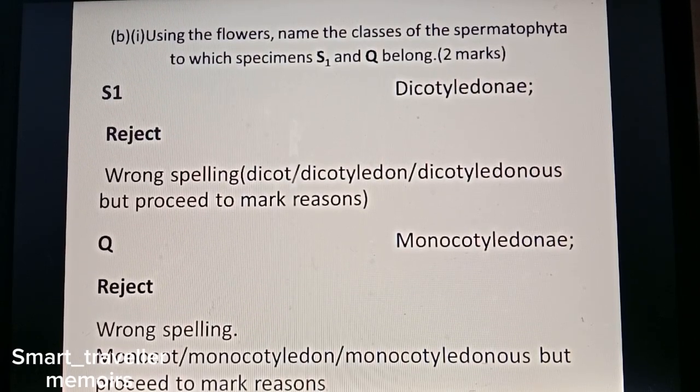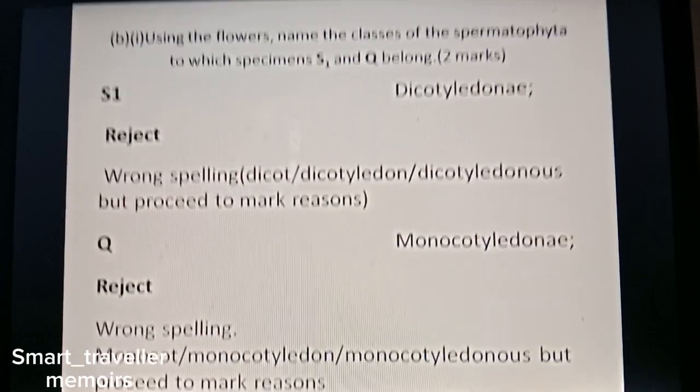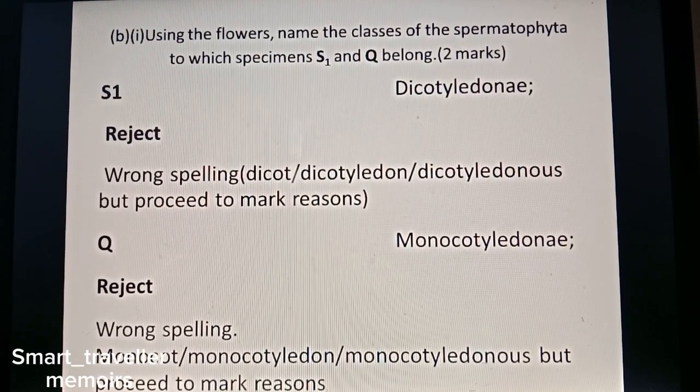Reject wrong spelling, like writing dicot or dicotyledon or dicotyledonous, but proceed to mark the reasons. Q was monocotyledonei. Reject wrong spelling again, monocot, monocotyledon, monocotyledonous, but proceed to mark the reasons.